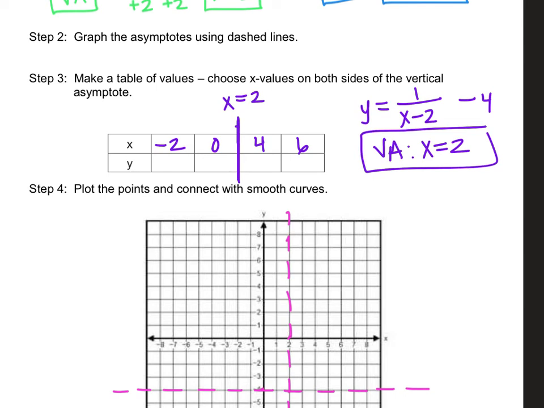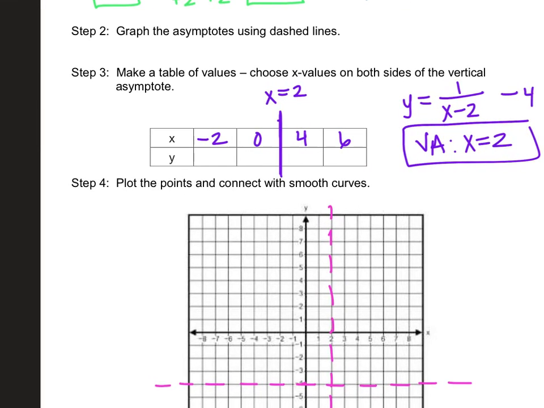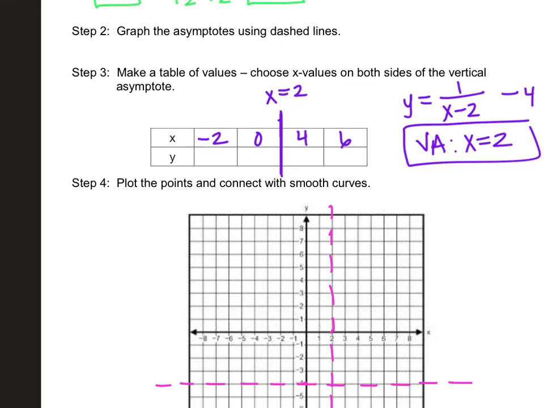So now we're just going to do the math. We're going to plug these numbers in, calculate the y values, and plot those points. So y equals 1 over -2 minus 2, minus 4. -2 minus 2 is -4, so -1/4 minus 4. Here's where your calculator with a fraction button will come in handy. You can just type in -1/4, subtract 4, and see what you get.